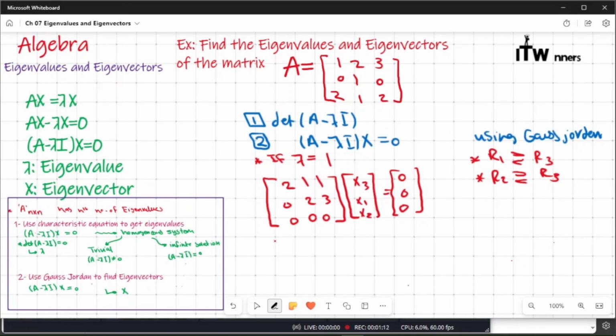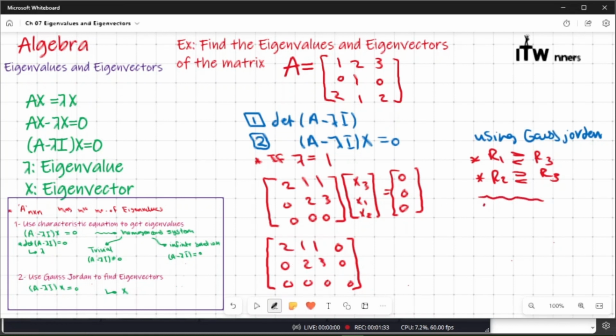Just arrange in an augmented matrix: 2, 1, 1, 0, 0, 2, 3, 0, 0, 0, 0, 0.